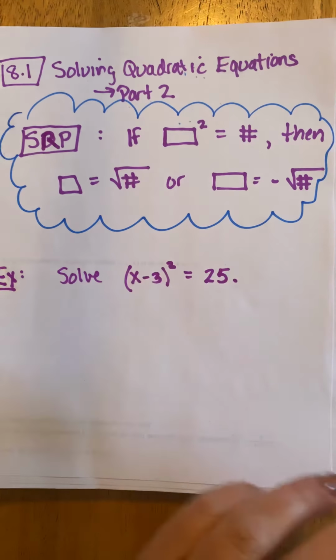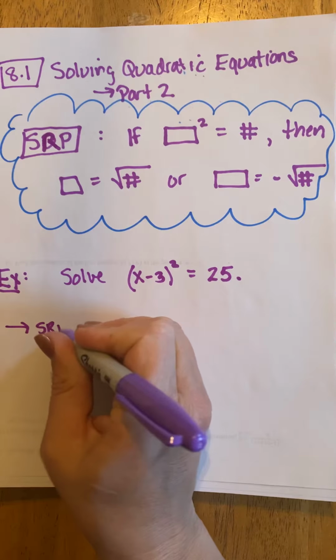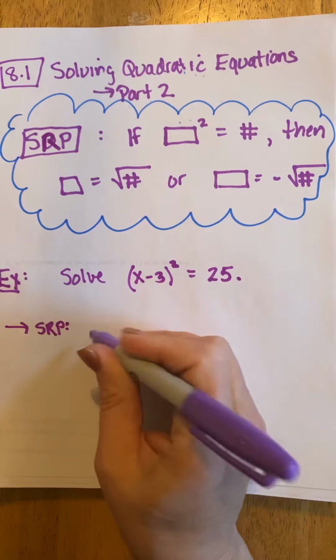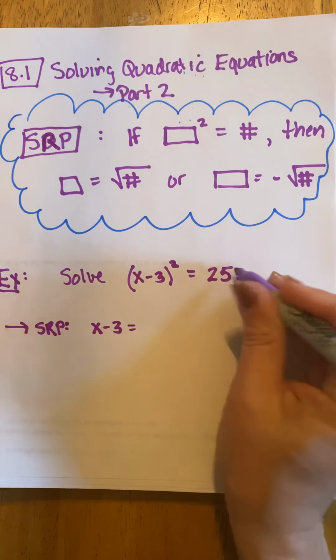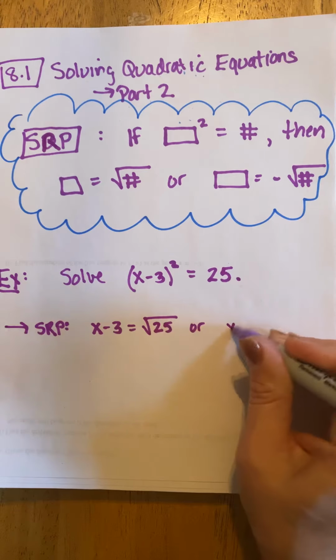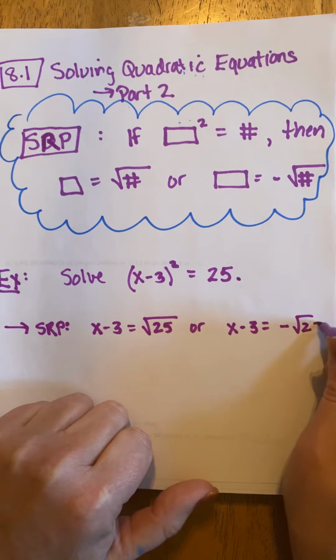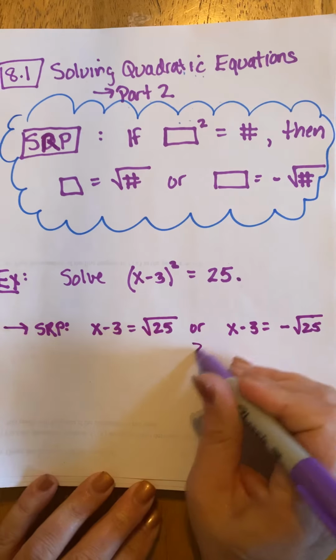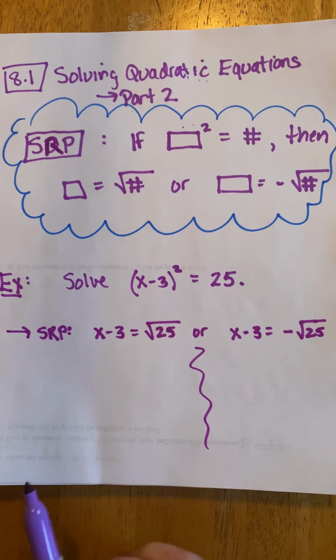It says if something squared equals a number, then the square root property tells me right away that what's being squared, so in this case it's x minus 3, is equal to the square root of this number, or x minus 3 is the opposite of the square root of the number. And then we just turn this into two simpler equations to solve, keeping in mind everything we learned back in chapter 7.